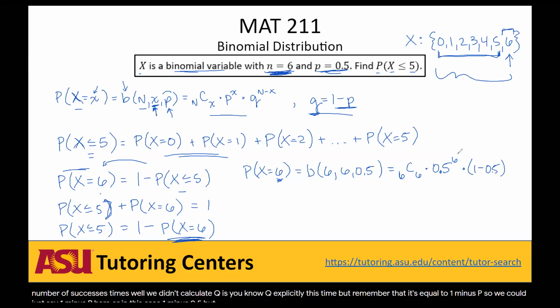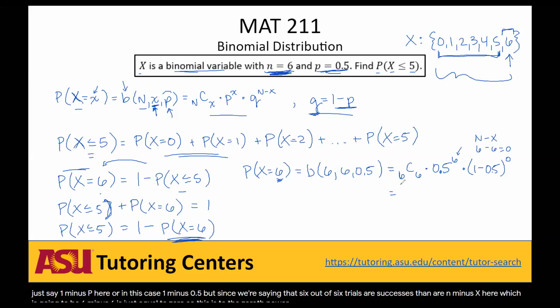But since we're saying that 6 out of 6 trials are successes, then our n minus x here, which is going to be 6 minus 6, is just equal to 0. So this is to the 0th power. So 6 choose 6 is going to equal 1.